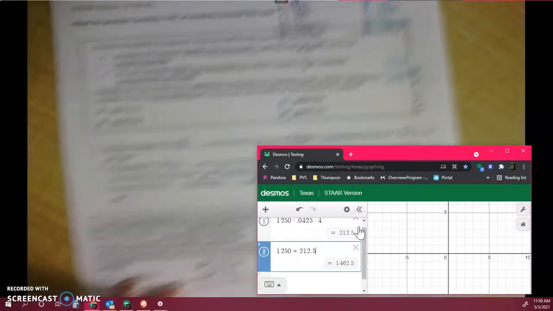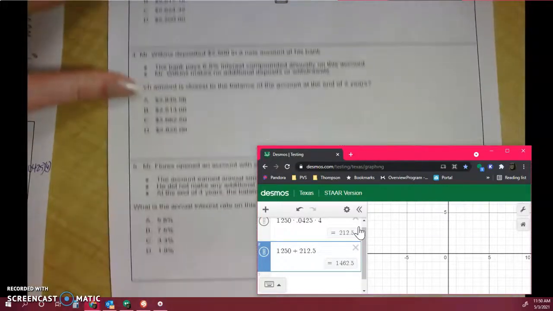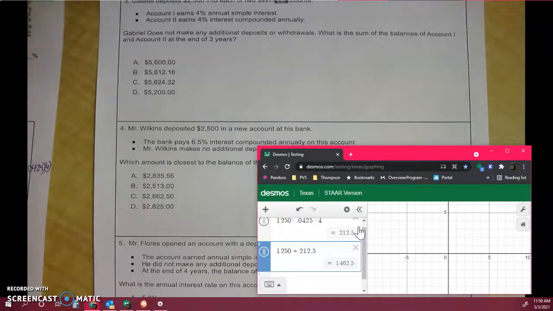And then just do problems 3, 4, and 5 on your own.